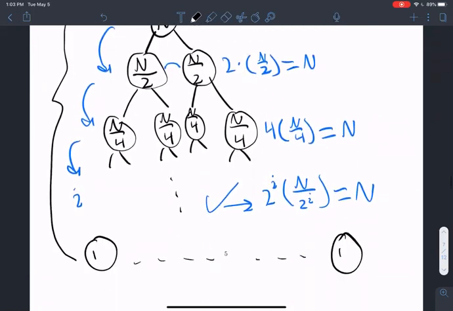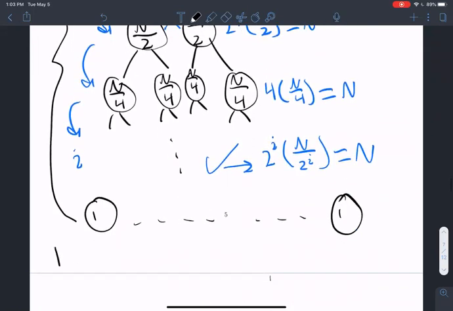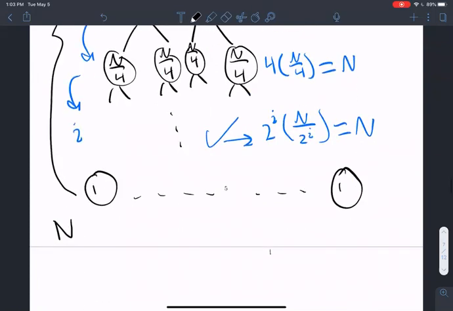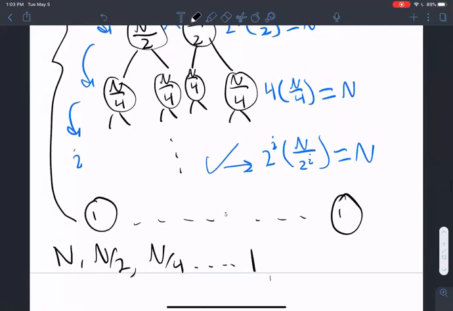So we have this sequence: n at the beginning, and then n over 2, and then n over 4, all the way to 1. And that's why I made it 1, because it makes this part a little bit easier. We want to know how many of these terms there are, because each one of these terms represents a level. So what is the expression that we should be using here?